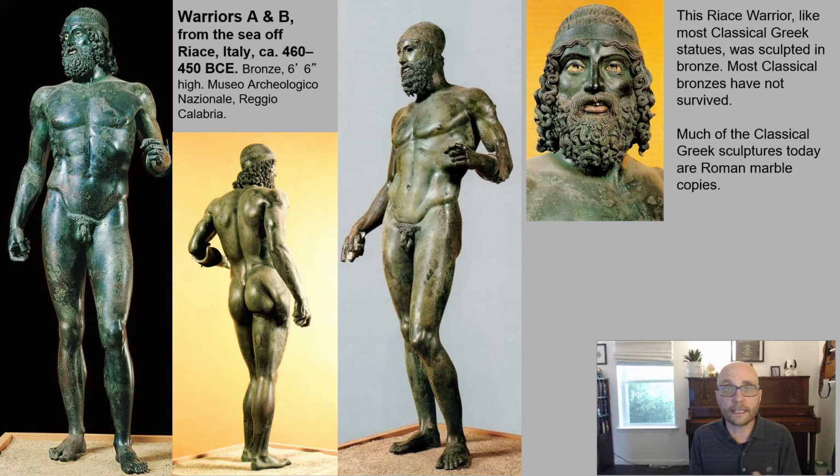And these bronzes have given us an incredibly keen insight into the classical sculpture of ancient Greece. Oh, and one thing I forgot to mention is you'll notice that contrapposto has become really exaggerated. So as Greek classical sculpture changed over time, it became more idealized, more stylized.